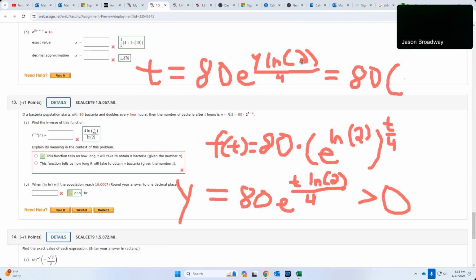I want to isolate that ln 2 real bad. I want my e to the ln 2. Yeah, I do, don't I? Well, I've got e to the ln 2.